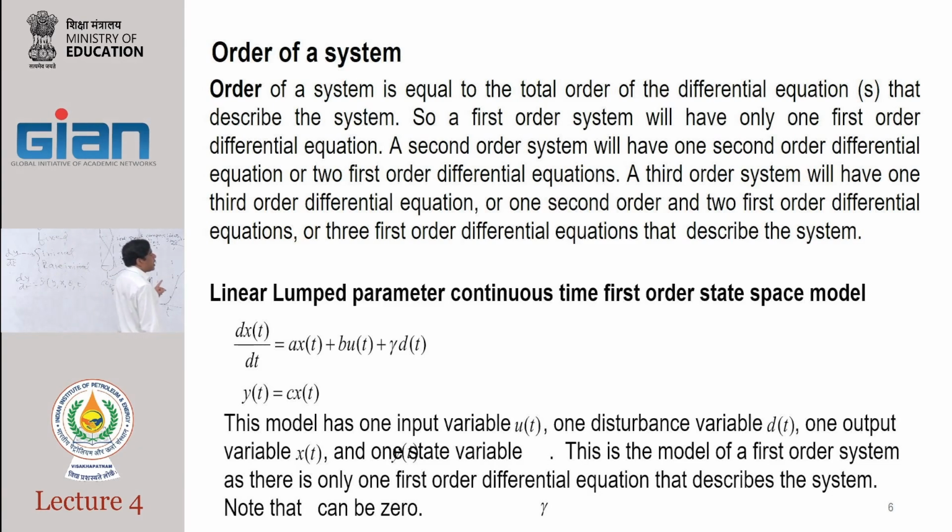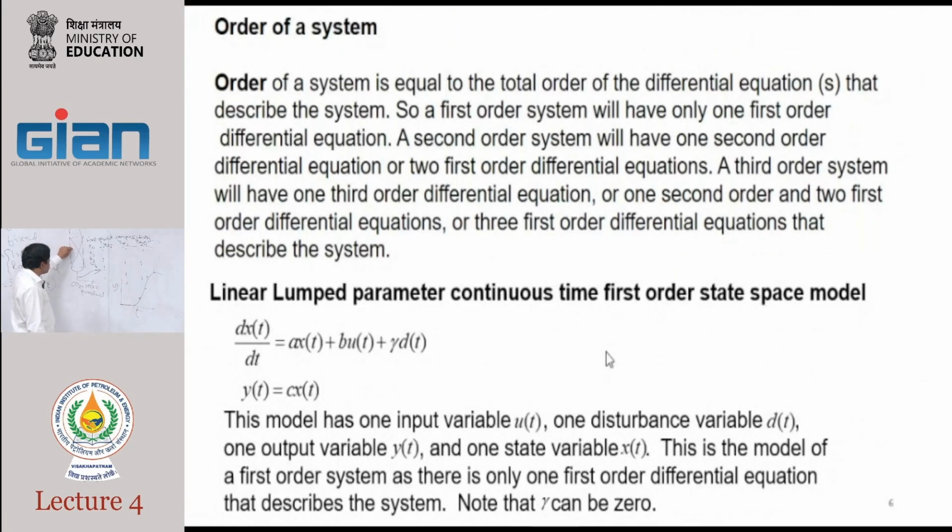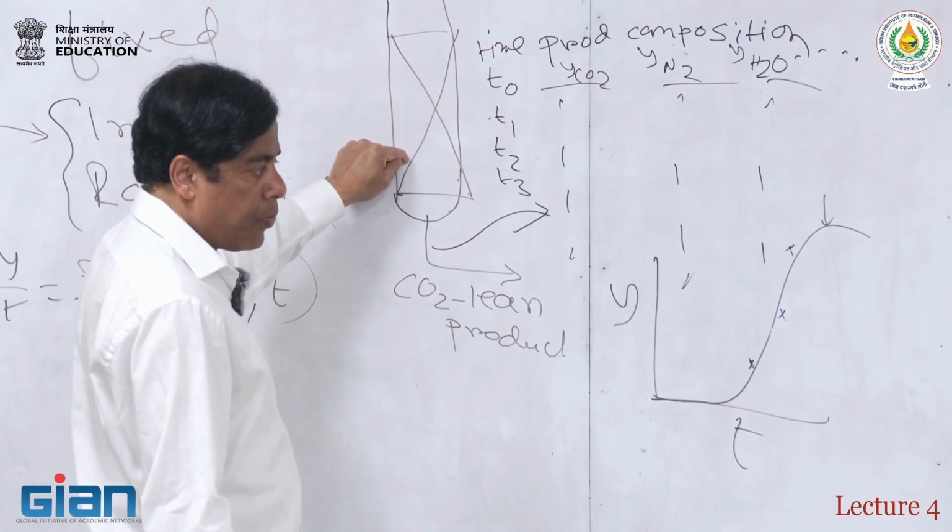Now, what are the things that we are actually talking about here? Let's be clear, from an adsorption process, what each of these variables mean. So this X could be all these composition variables over here.